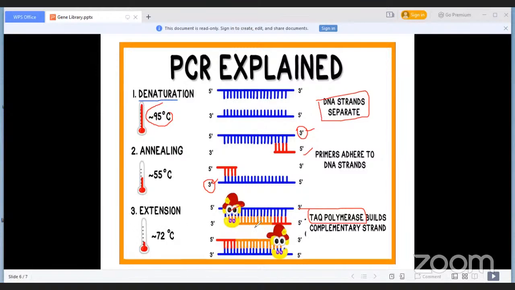Now it is extended into a double strand. Later, this is again converted into two strands. Like this, multiple copies are formed. In 20 to 40 cycles, we get a large number of DNA copies. Clear? Okay.